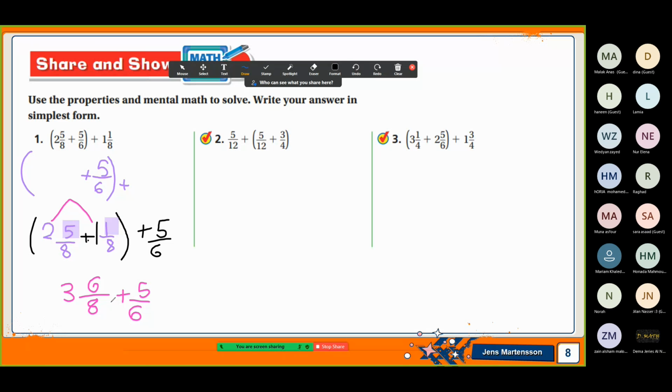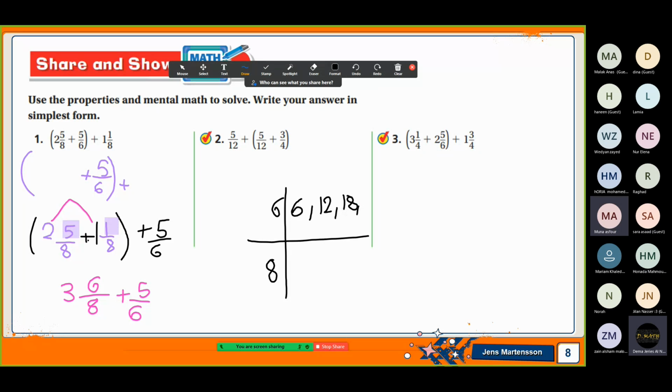Now, we write the multiples of 6 and the multiples of 8 in order to make them the same denominator. 6 times 1, 6. 6 times 2, 12. 6 times 3, 18. And 6 times 4, 24. 8 times 1, 8. 8 times 2, 16. 8 times 3, 24.